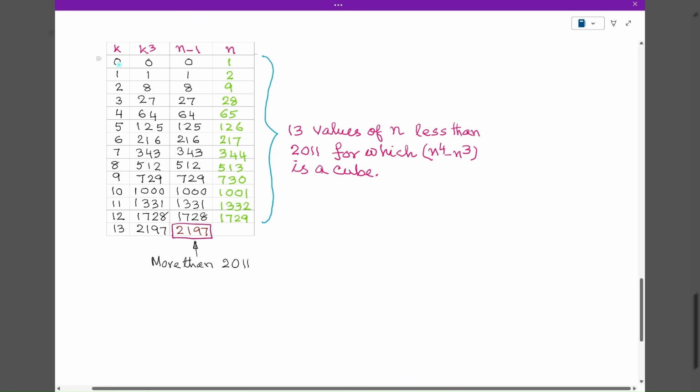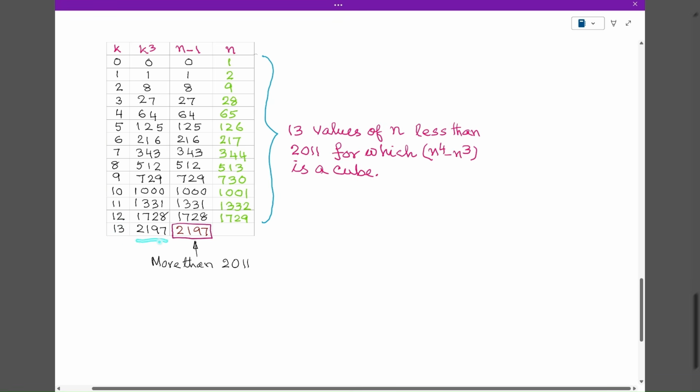Corresponding to k equal to 0, k^3 is equal to 0. Similarly, corresponding to 1, k^3 will be 1. Similarly, 8, 27, 64, 125, 216, then 343, 512, 729, 1000, 1331, 1728, and the third power of 13 is 2197.